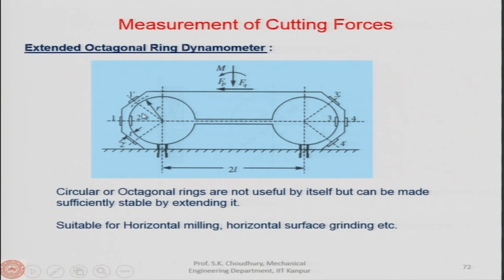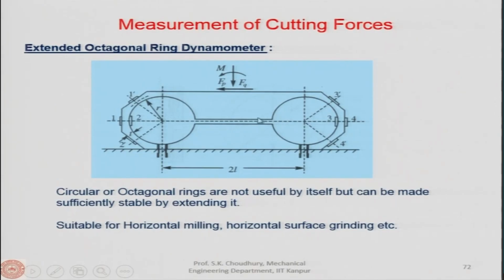Now, here the rigidity of the octagonal dynamometer has been increased. So, the structure is like this, that we have the octagon, but this is an extended octagon, therefore, it is called the extended octagonal ring dynamometer, because the principle is of the ring dynamometer, but this is not simply an octagon, but this is an extended octagon.